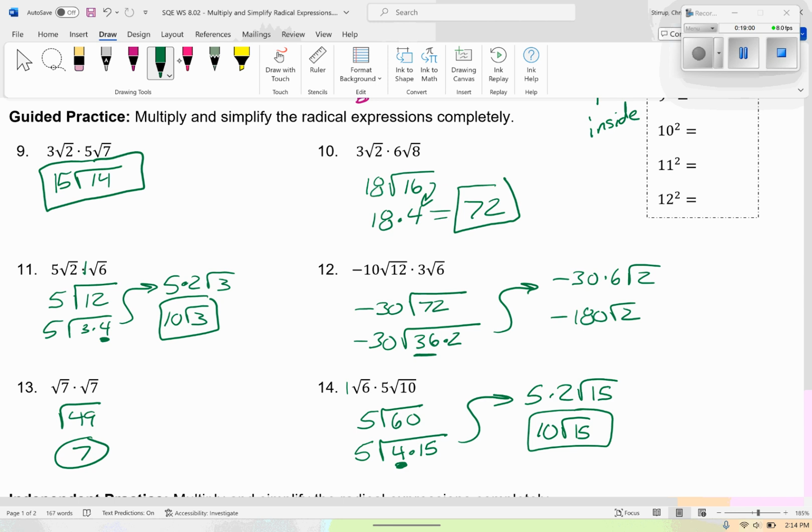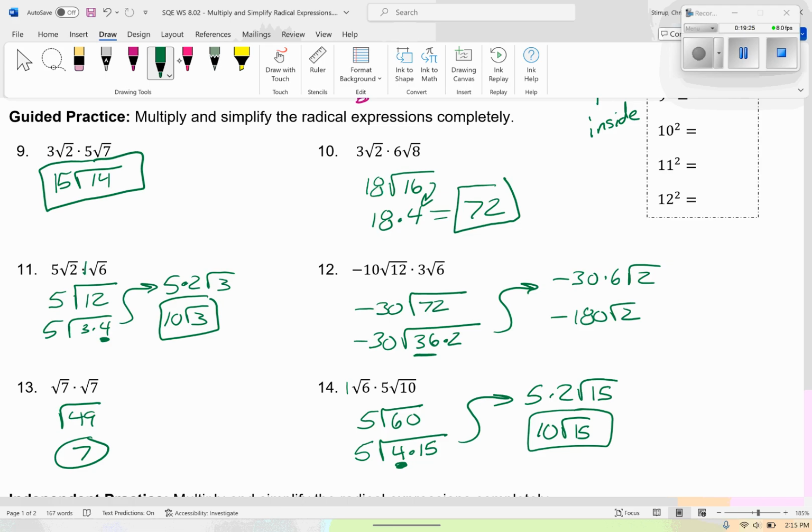Well, we already have 60 right there. So will 49 times something give me 60? No. Will 36 times something? No. Will 25 times something give me 60? No. Will 16? No. Will 9? No. Oh, 4 and 15 would work. So I'm looking for what's underneath the house to see if I can break it up and find a perfect square. And the perfect squares, that's the key to come outside.